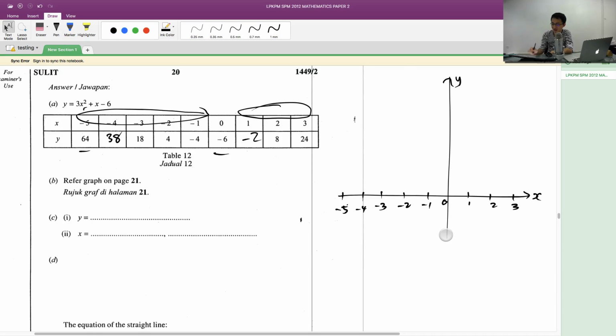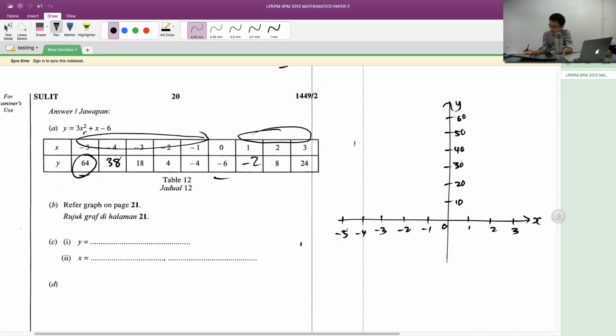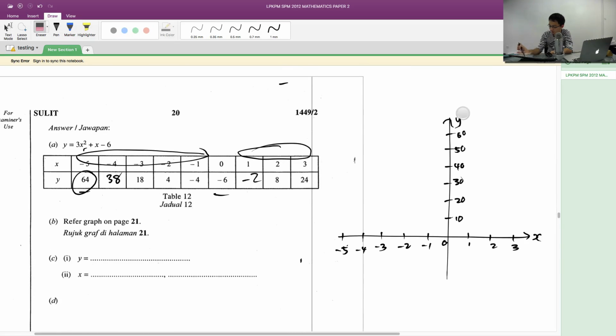And 10, so I will need to go until 70. So I have 10, 20, 30, 40, 50, 60, and I should have the 70. Longer a bit, and I have 70.